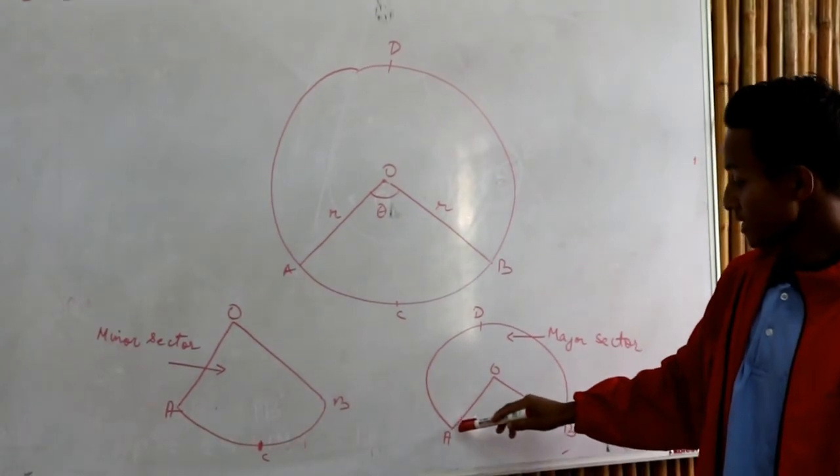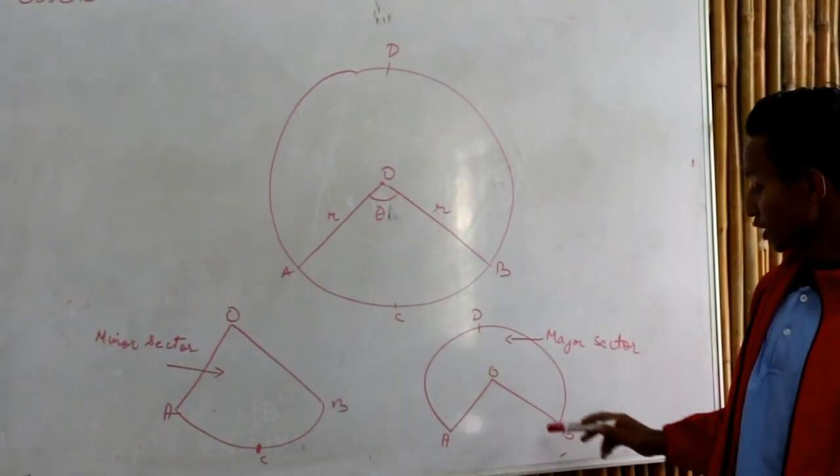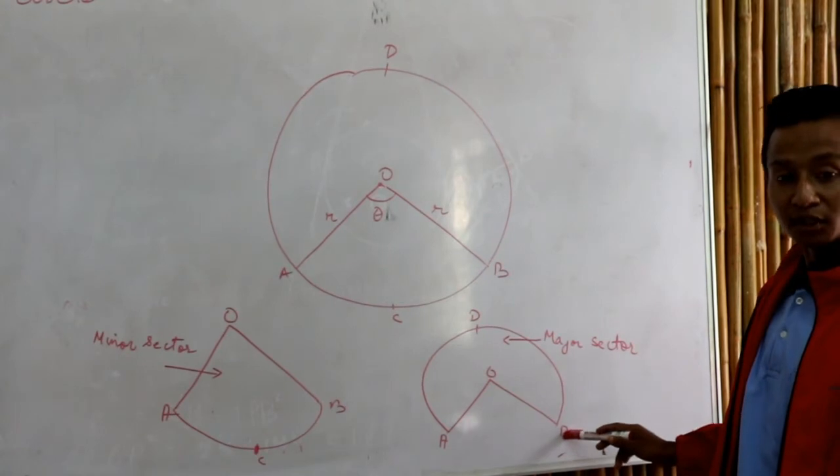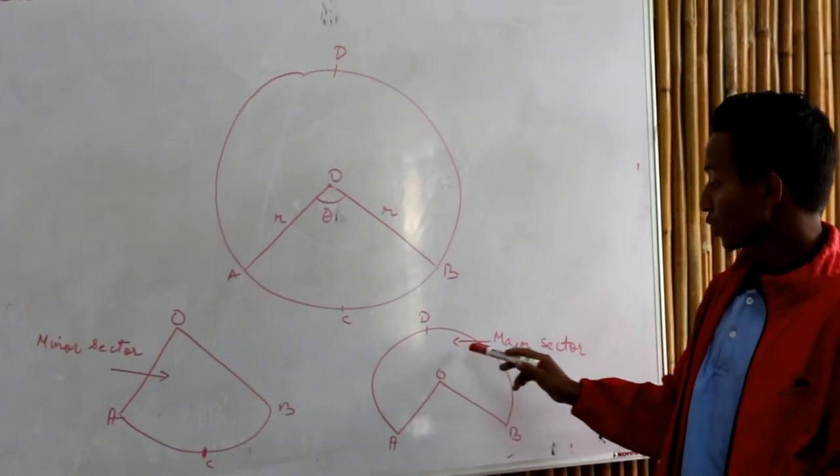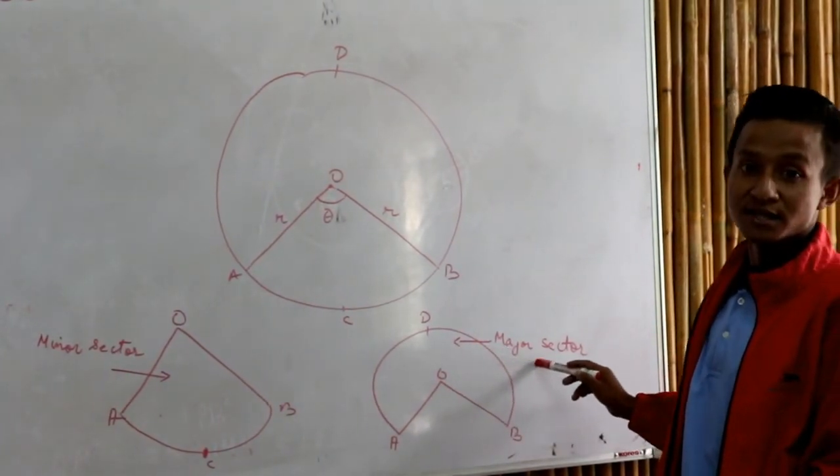And this arc ADB is the major arc, so this region is called the major sector.